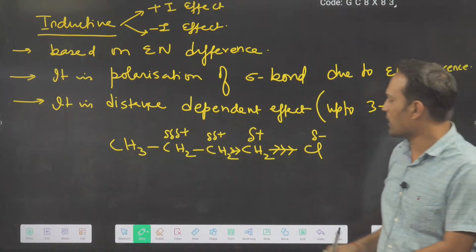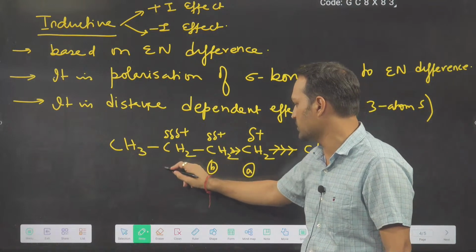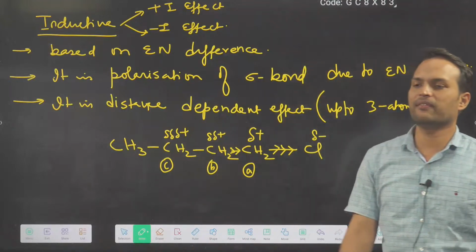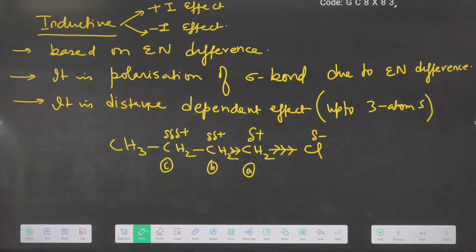So if they mark the carbons, suppose this is A carbon, this is B carbon, this is C carbon, and they ask which is the most electropositive carbon, what will you say?